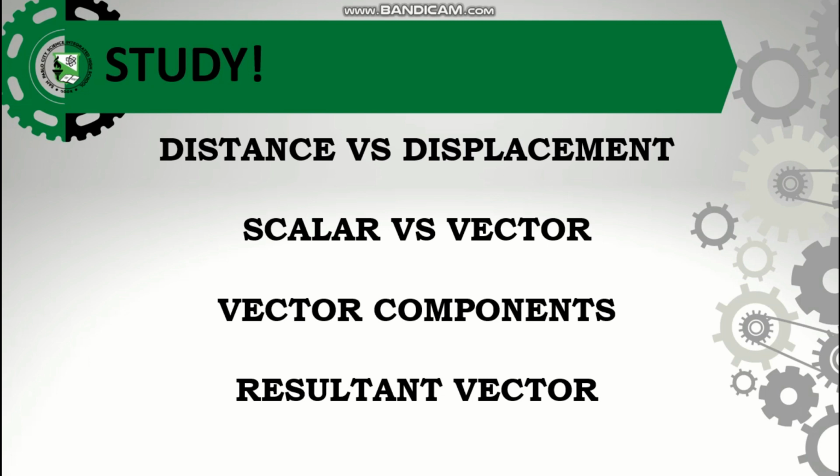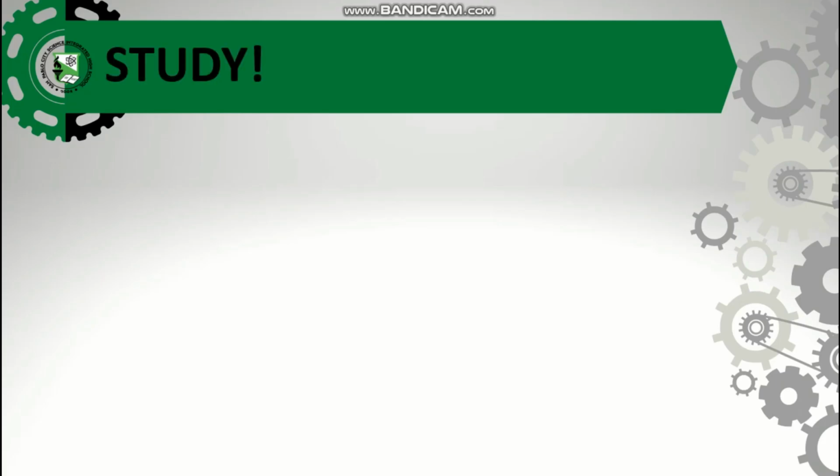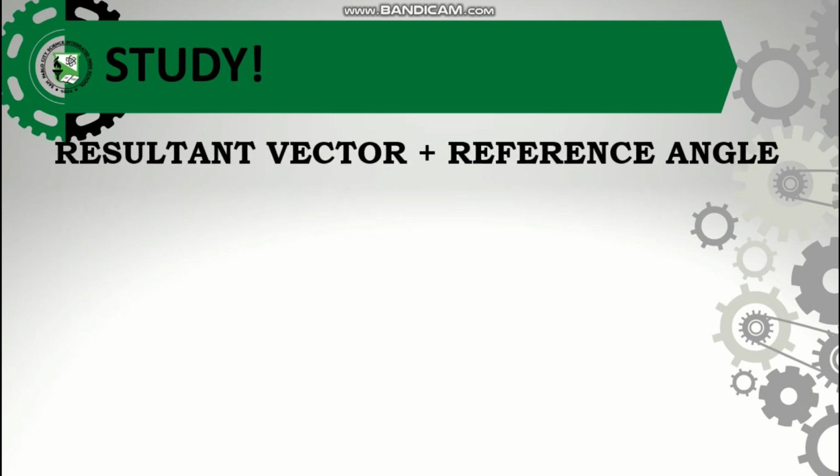So, in overall, you just need to remember two formulas in vector components as well as two formulas in resultant vector. Other reminder, in terms of getting resultant vector plus the angle, or the magnitude plus the angle, in our long quiz, ang pinapahanap sa inyo ay reference angle.